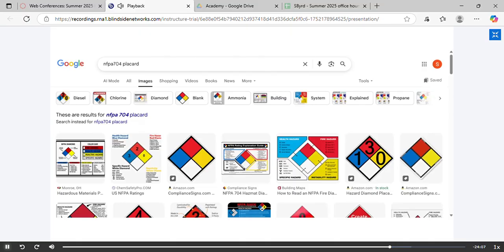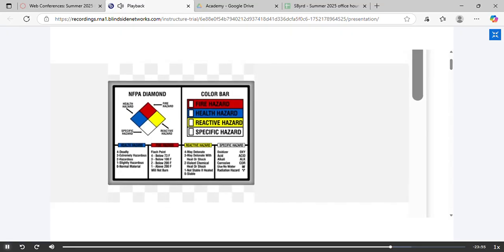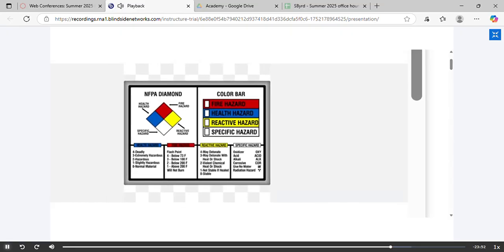And it is a diamond, and each diamond actually has 4 different colors. You've got your blue, your red, your yellow, and your white. These different colors mean different things. Obviously red is your fire hazard, pretty simple.